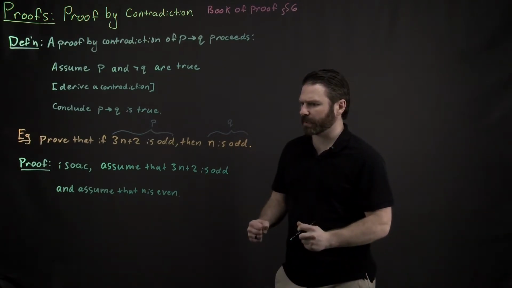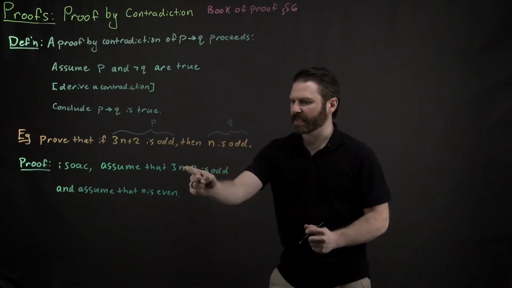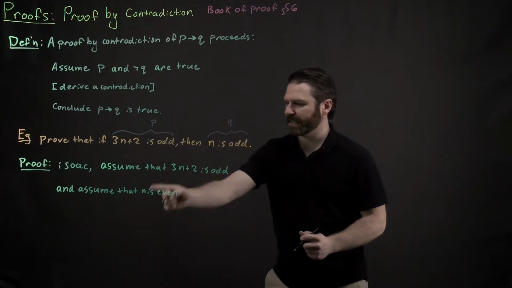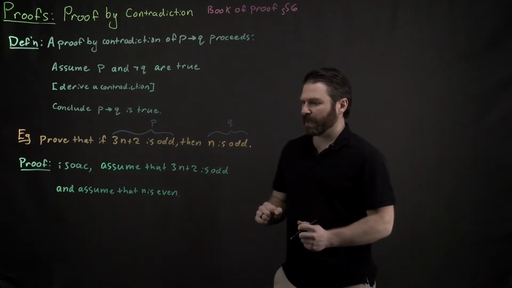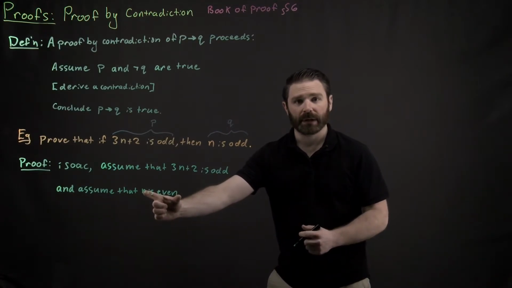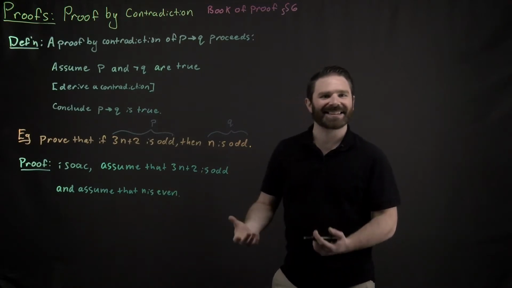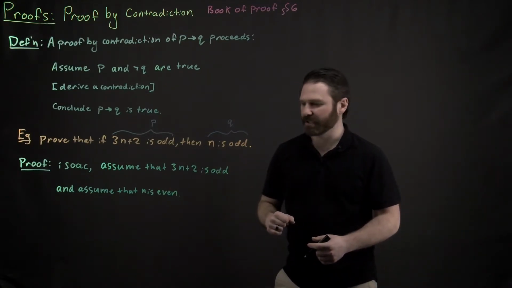So where to start? Well, I have two pieces of information. I have that this expression is odd and this expression is even. So I'm going to start with n being even and see if that leads me anywhere. I'm starting there simply because n is a slightly simpler expression than 3n plus 2.